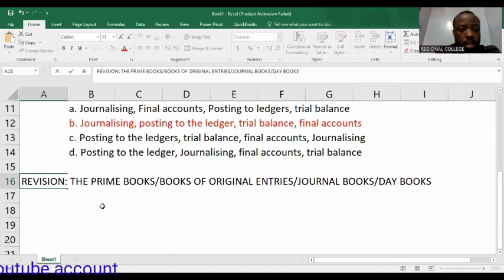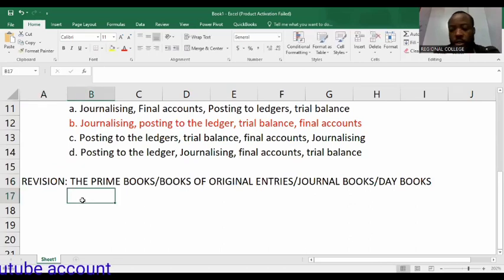So as a good student, once you know that the business always makes sales and buys stock, you make sales to your customers, you buy stock from your suppliers. Sales can be made in two ways.